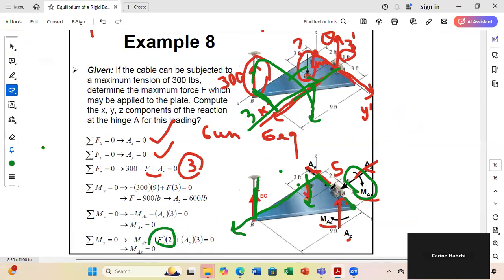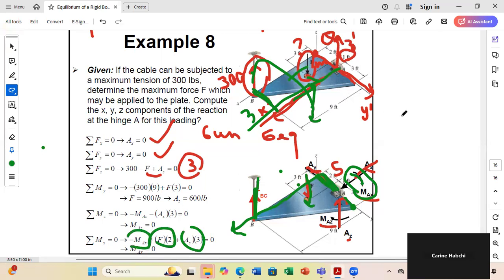So from AZ to the axis, this is 3, because 2 plus 1. This is 3 feet. So the moment of AZ about axis passing by O is AZ times 3. And the couple we said we always calculate. This couple is along x-axis.